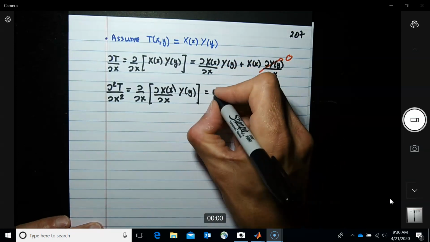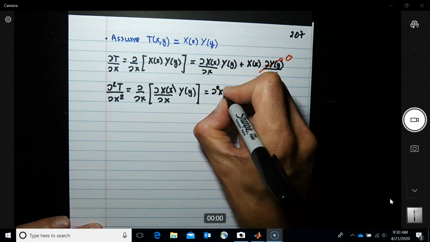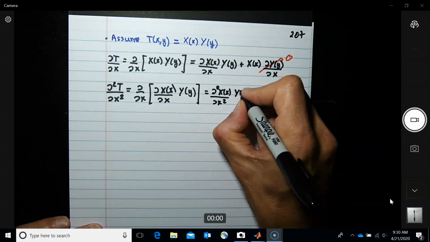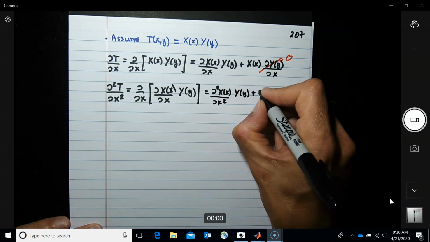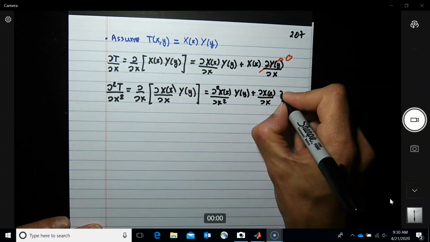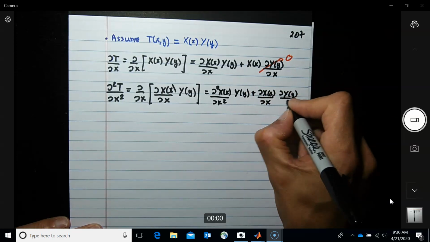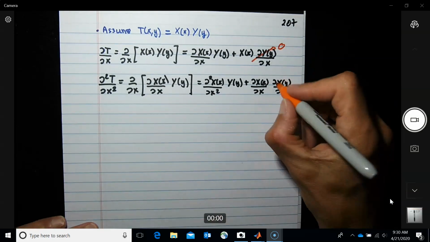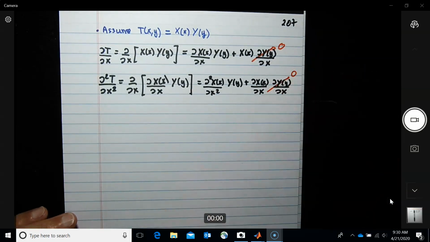So it will be equal to the second derivative of X with respect to x squared, Y(y), plus partial X(x) partial of Y with respect to x. And as before, this term will be equal to 0.